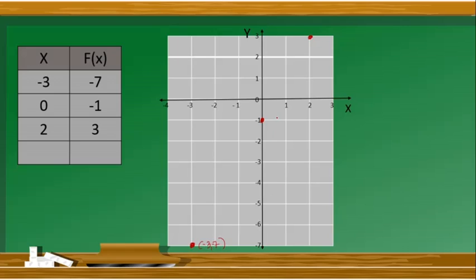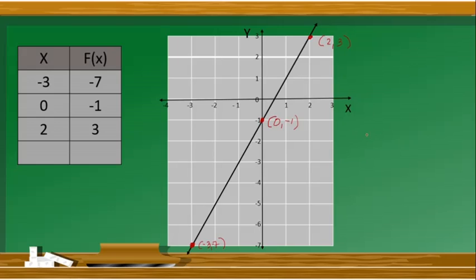And here, the value of our x is 0 and the value of our y is negative 1. For here, the value of x is 2 and the value of y is 3. So when we connect those points, that is now our graph of the given function.